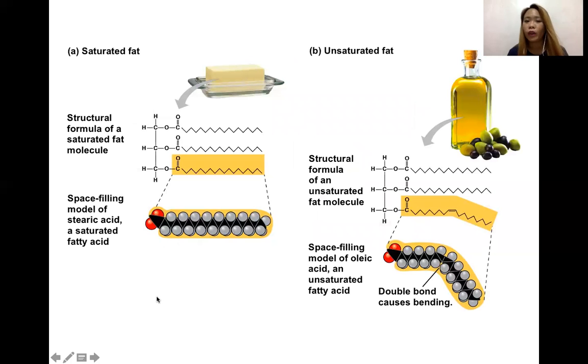So again, when it comes to your saturated fats, they are composed of single bonds between your carbons. And like I said, they are solid at room temperature. Whereas your unsaturated fats contain a double bond, such as shown here on this side. Unsaturated fats are healthier because they are liquid at room temperature.